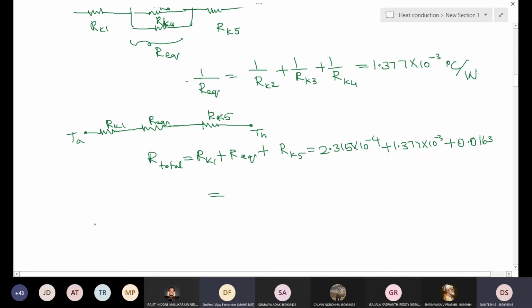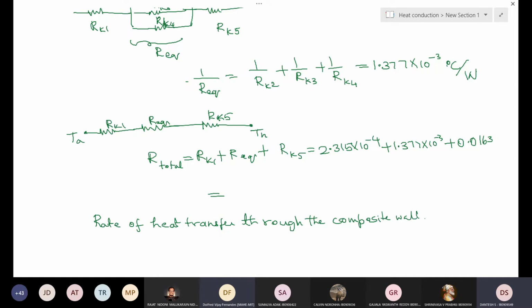Then rate of heat transfer through the composite wall. Dantesh, you can mute.